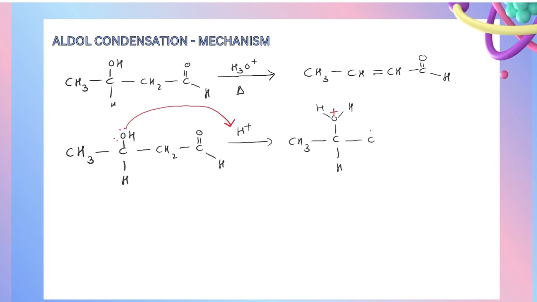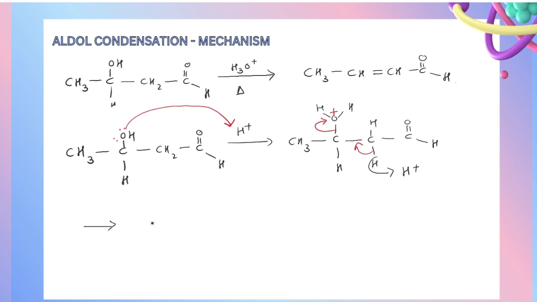Now, what should happen is that we have to ultimately remove the water. So, this step will be a single step. How will it happen? Oxygen carries the bonding electrons here, and at the same time, we are going to regenerate the catalyst also like this. So that means this will leave as H plus, this as water.